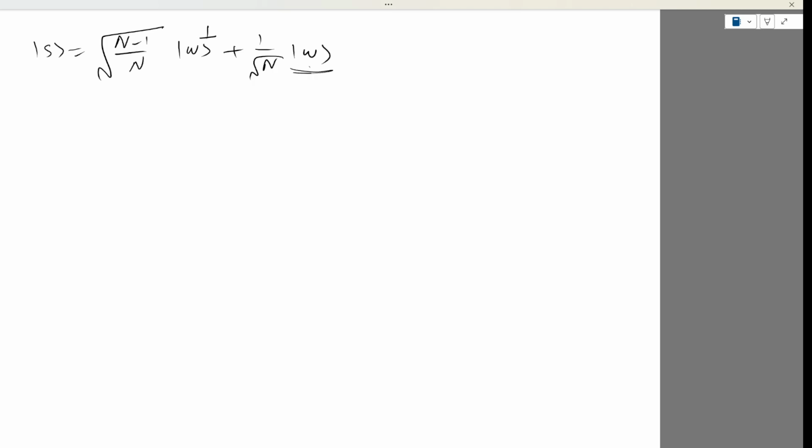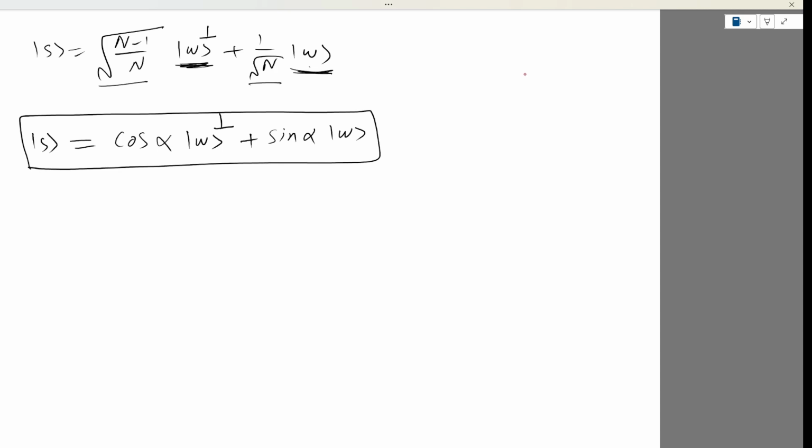So this W is already normalized, and we have normalized this W perpendicular state as well. This is some coefficient. And since the square of this and the square of this add up to 1, what I can easily do is define this coefficient as cosine alpha, and define the next coefficient as sine alpha, because their squares will sum to 1.